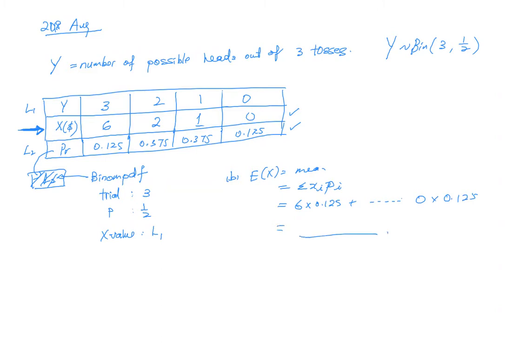So is it a fair game? Why? Fair game, the amount you pay and the amount you get, the expected gain, must be the same. That is called a fair game. Okay, I am going to give you a question whereby it's talking about an unfair dice.